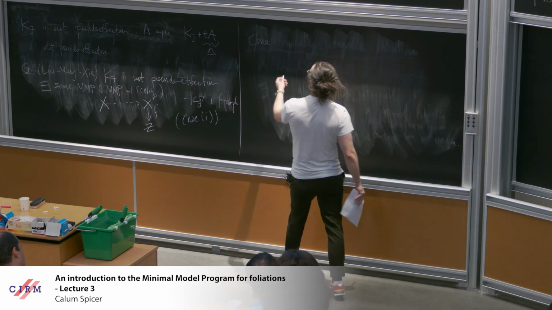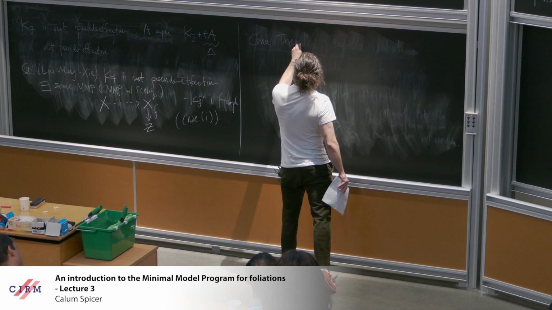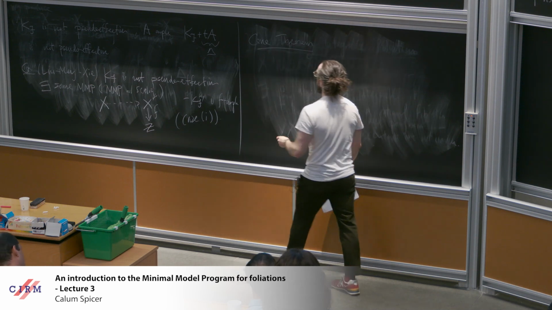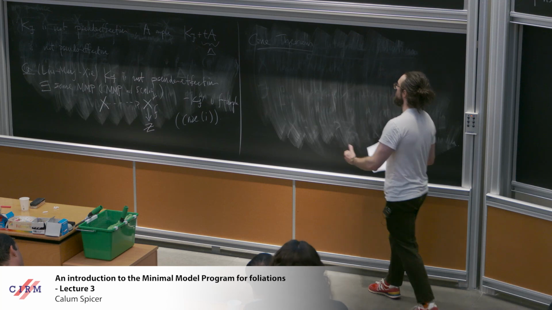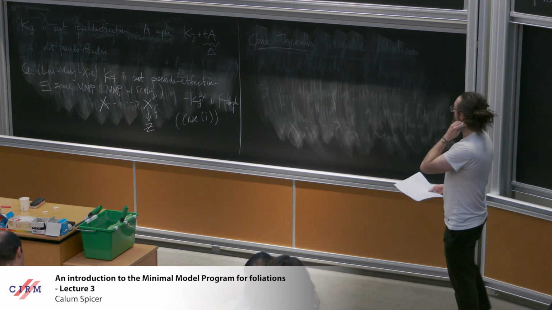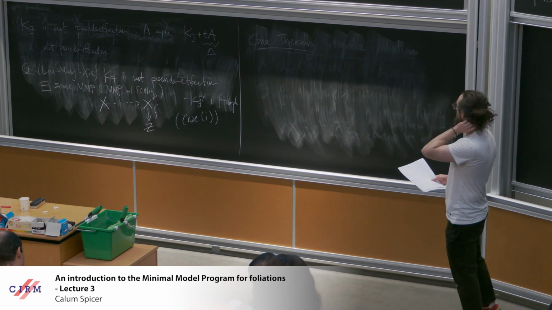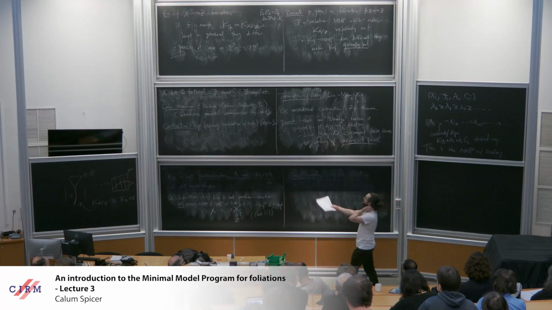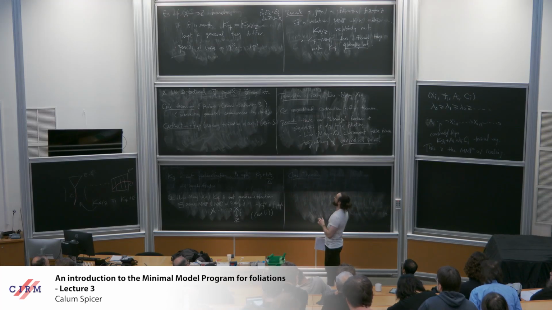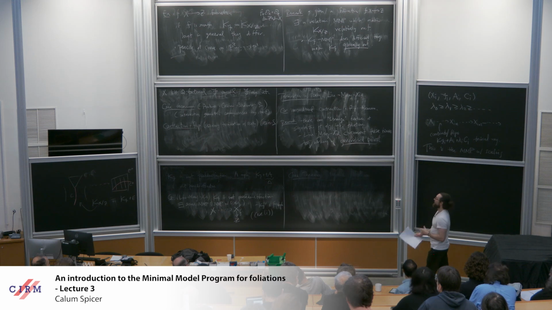I wanted to do this by giving a proof of the cone theorem, say for algebraically integrable foliations. But before I do that, I just want to see if there are any questions before I go on with the proof. So this is the end of me stating nice results about what we do and do not know, and now I'm going to try to prove something.